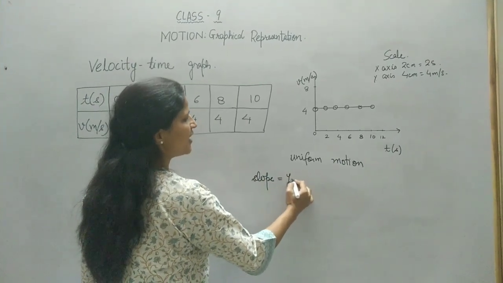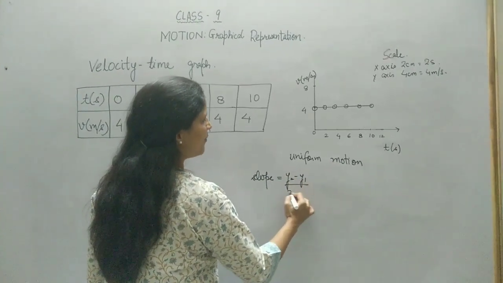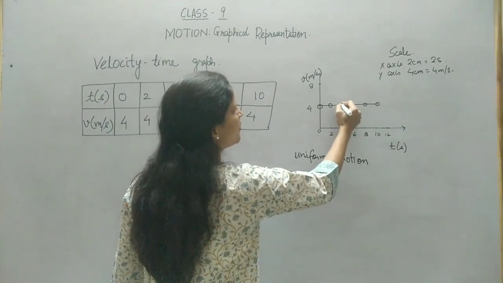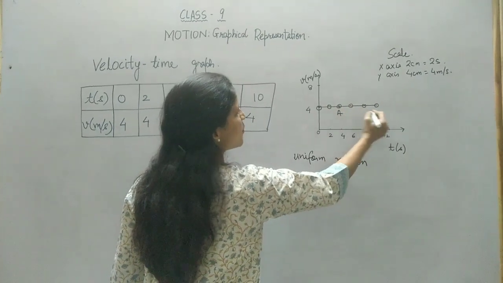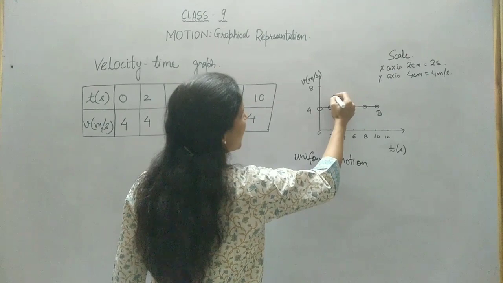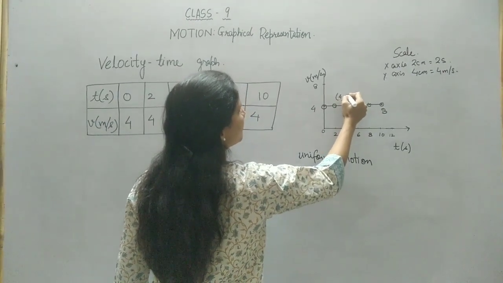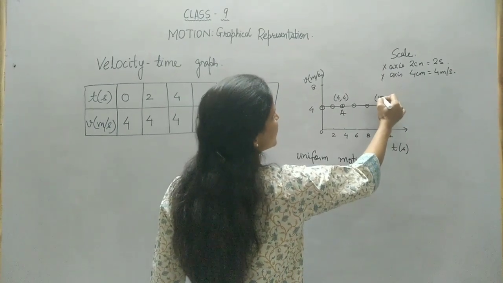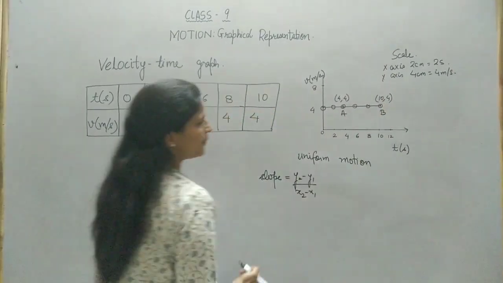Slope, the formula is y2 minus y1 upon x2 minus x1. Suppose I choose any 2 points on the graph. Suppose this is point A and this is point B. The coordinate of point A: x coordinate is 4, y coordinate is also 4. Point B: x coordinate is 10, y coordinate is 4.